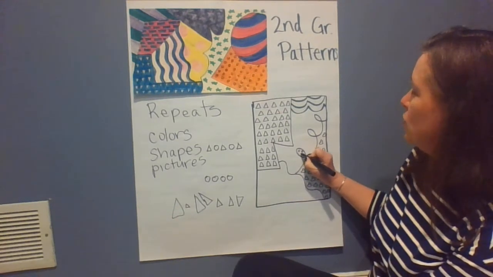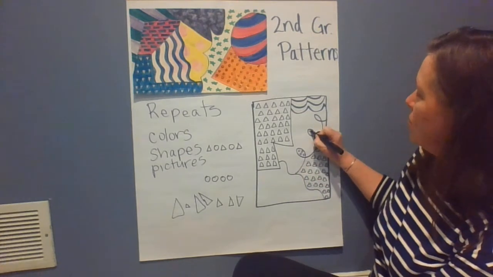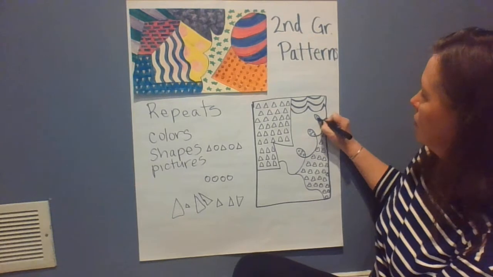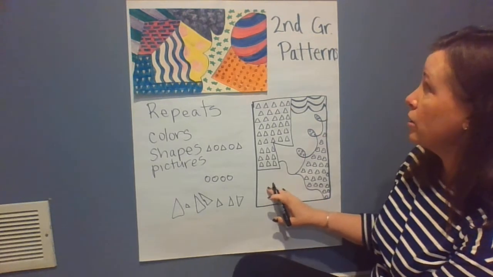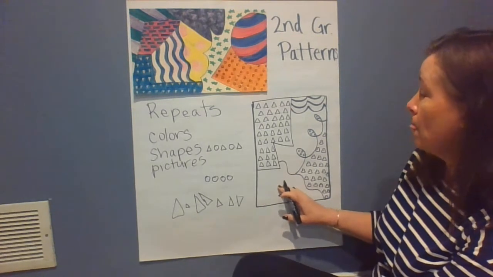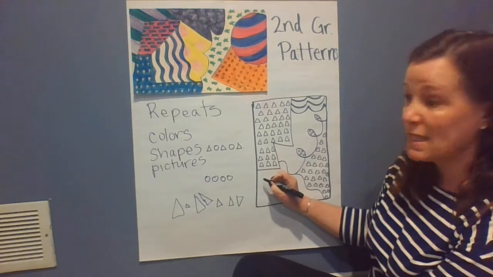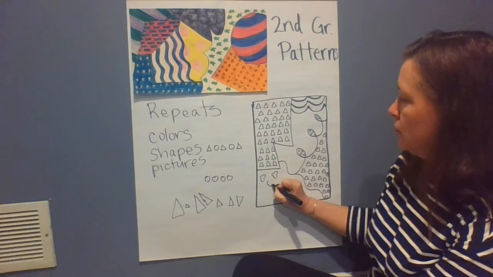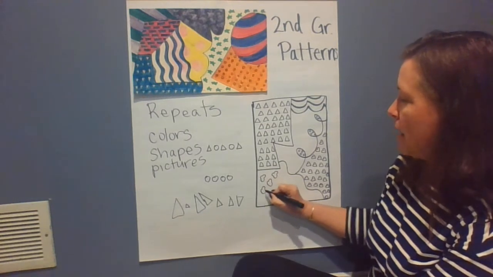Inside these loops, maybe the pattern is going to be circles. And what could I do here? Maybe I could do just a wiggly shape, like a blotchy shape, like a Dalmatian spot.